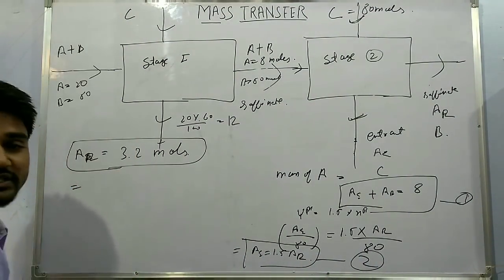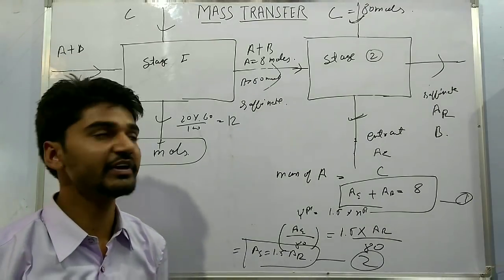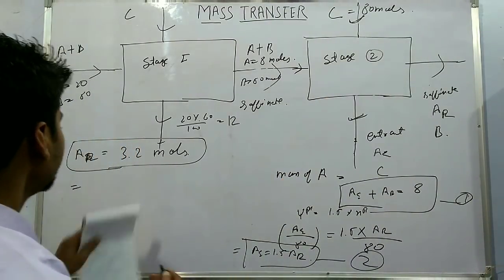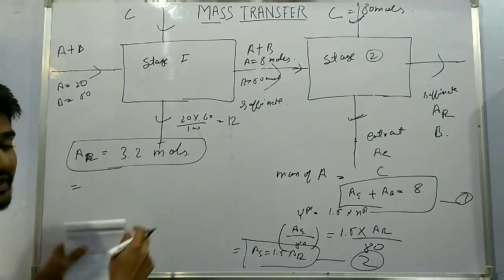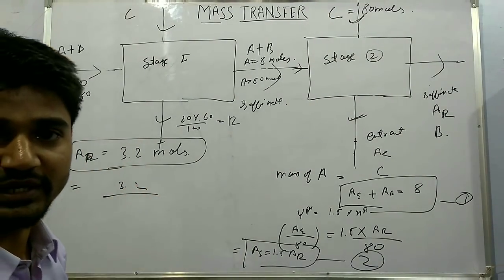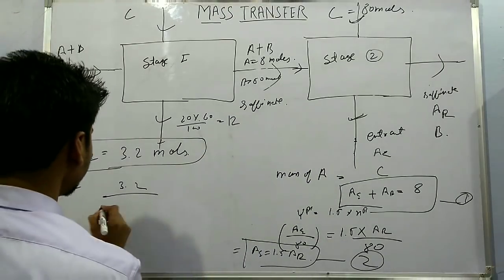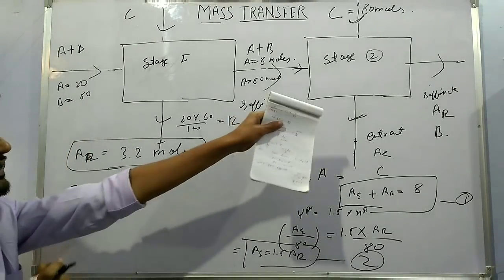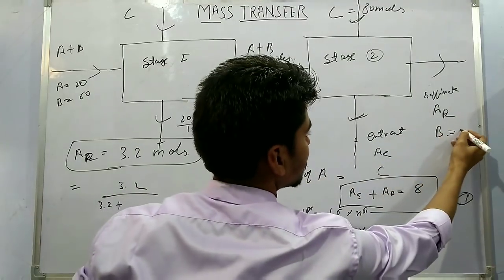Now what we have been asked is the percentage mole in refined phase after stage 2. That will be equal to moles present in refined phase, that is 3.2, upon total moles present in refined phase, that will be equal to 3.2 plus moles of B, that is equal to 80 moles.